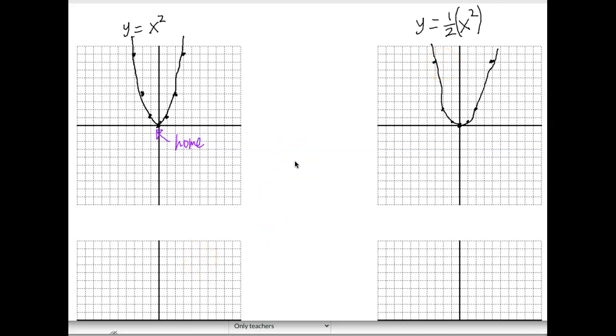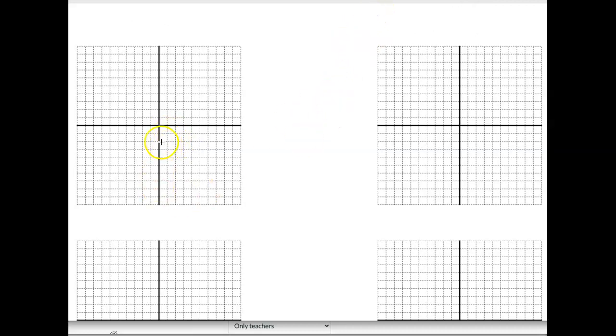So for instance, let me go ahead and erase this. Let's say I was right here, and I had this point right here, and then this point right here, and that's all that's given.